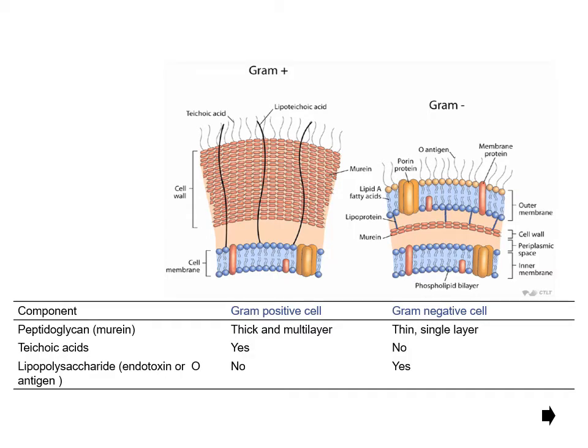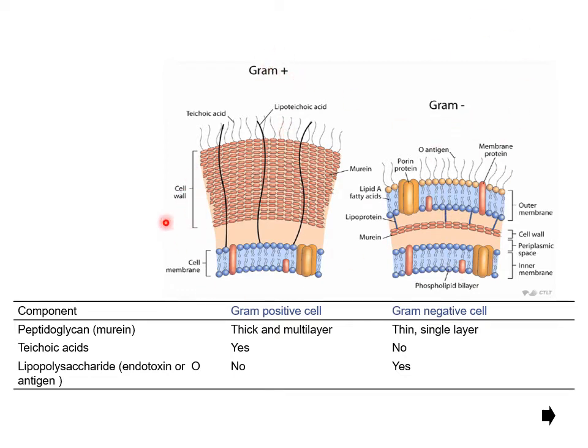The most important structure that I need you to appreciate first is the cell wall, and that is what makes bacteria either gram positive or gram negative. The complexity of a cell wall is what gives the bacteria its structure. So, for example, can you see how thick the gram positive wall is compared to the gram negative wall?